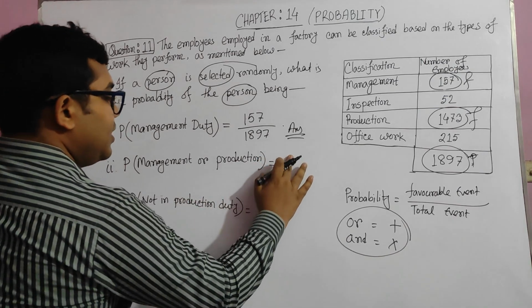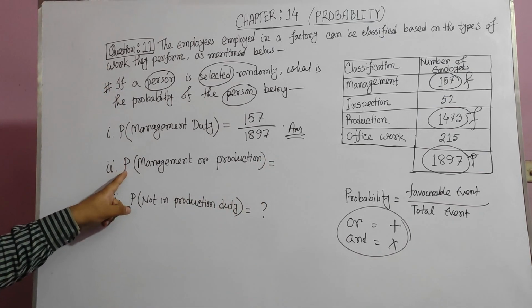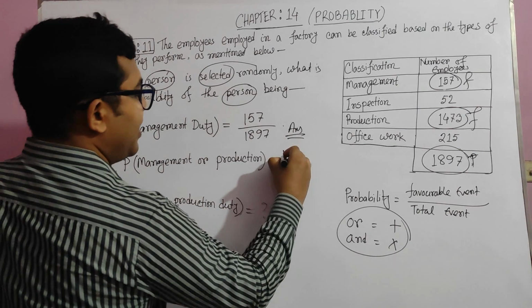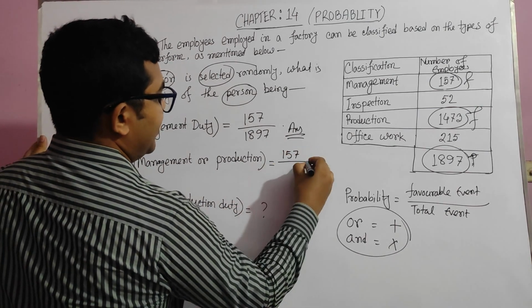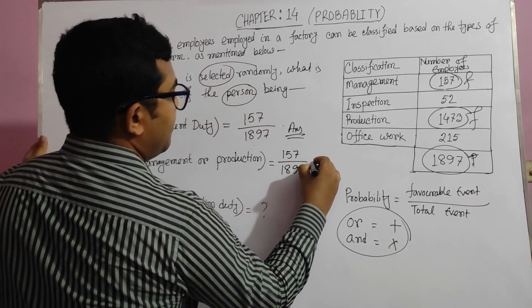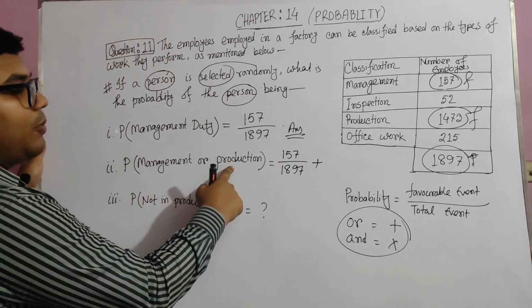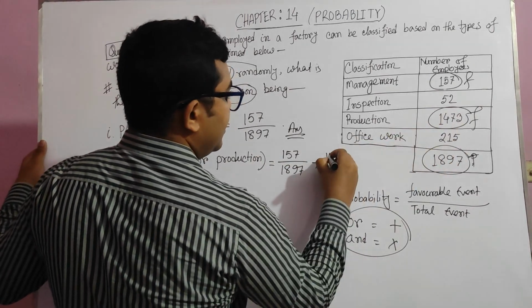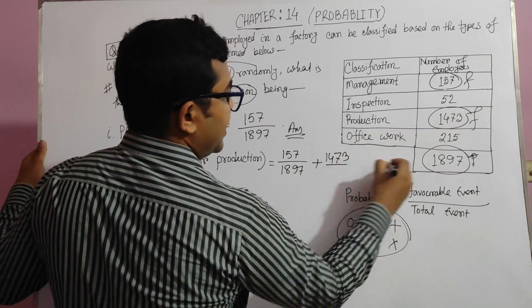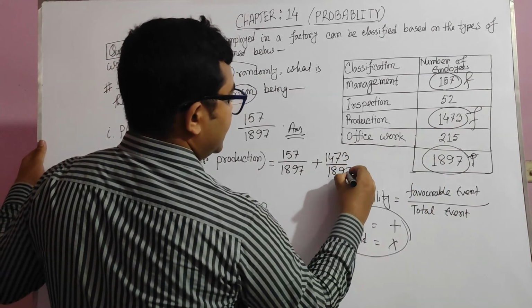The probability of management, which we have already found, is 157 divided by 1897, plus, since it is or, the production part, 1473 divided by 1897.